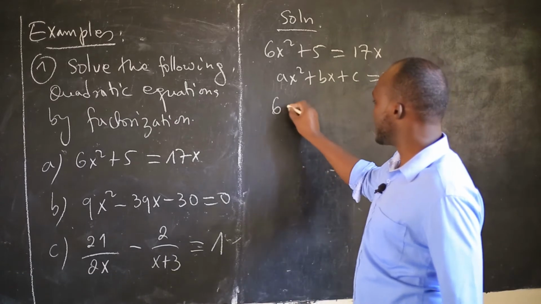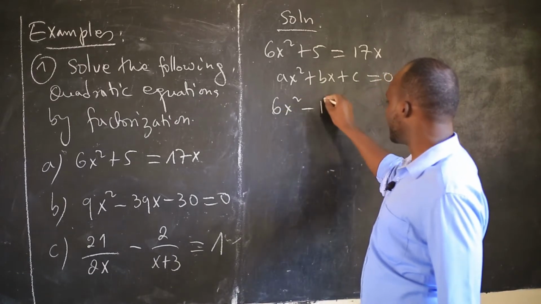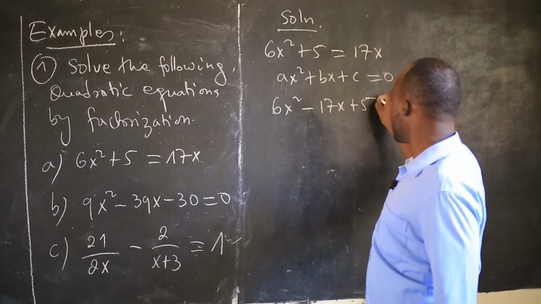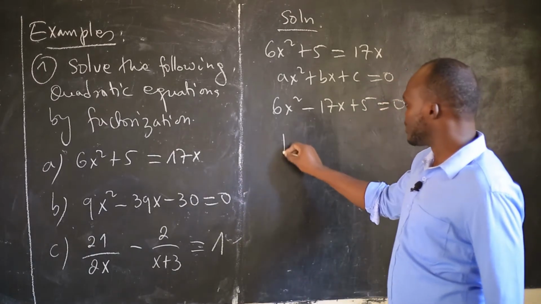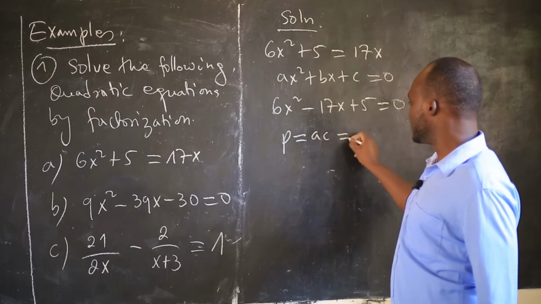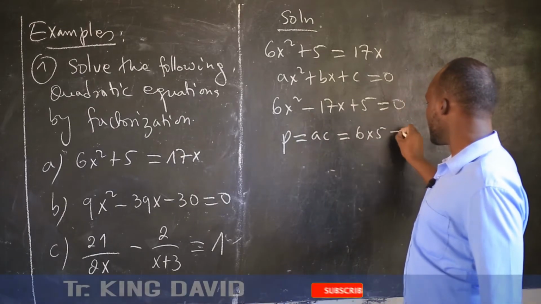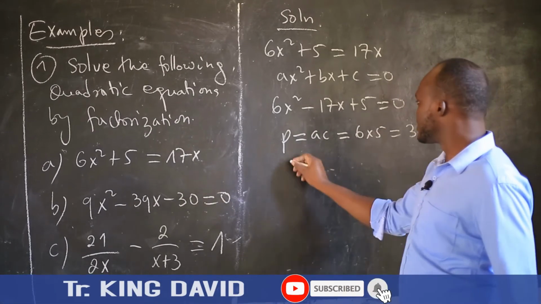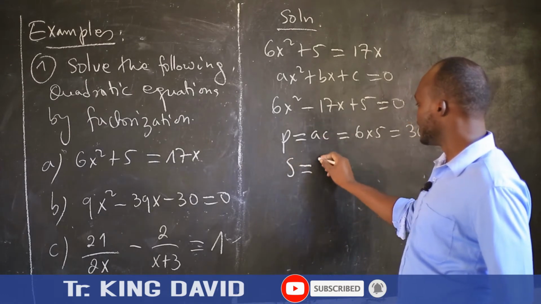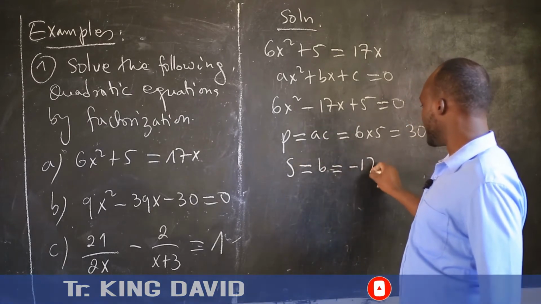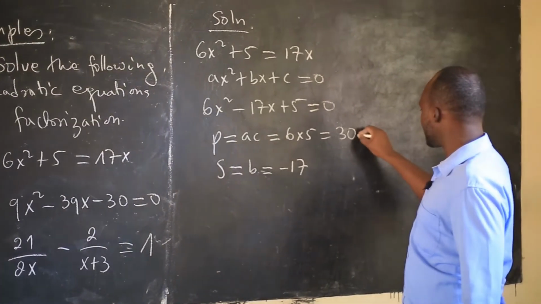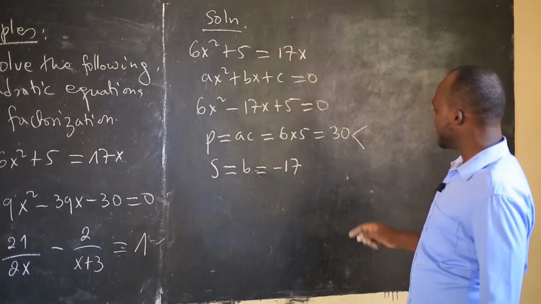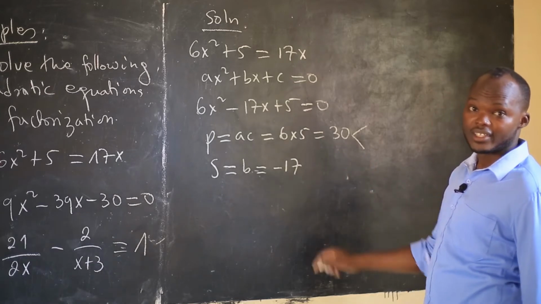So it will be 6x squared minus 17x plus 5 equal to 0. Now our product, which is ac, is 6 times 5, which is 30. Sum is b, which is negative 17, the coefficient of x. So I'm going to find two numbers from the factors of this product that I can multiply to get 30 and add to get negative 17.